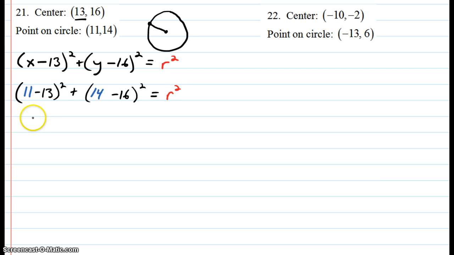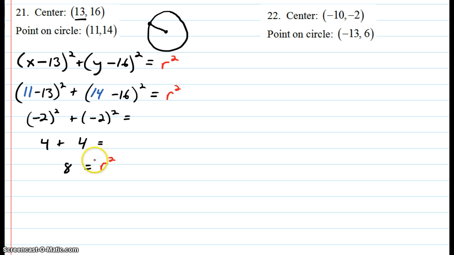So 11 minus 13 gives us negative 2 squared, and 14 minus 16 gives us negative 2 squared. So this is going to be 4 plus 4, and that's going to give us 8 equals r squared. You don't need to go any further because our equation wants r squared. We only need to know r, the radius, when we graph.